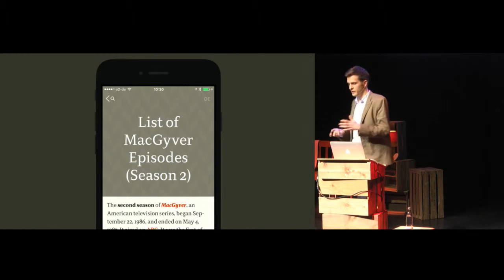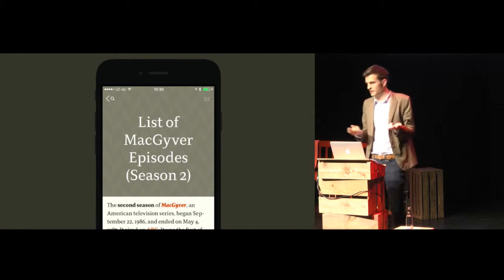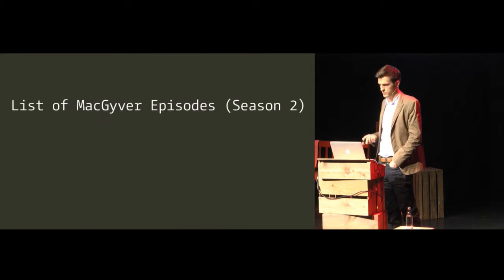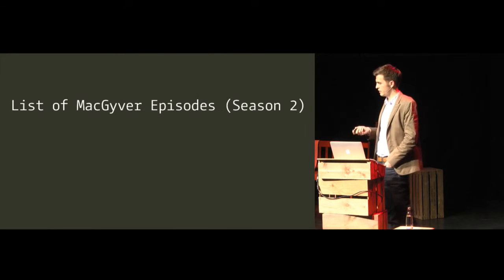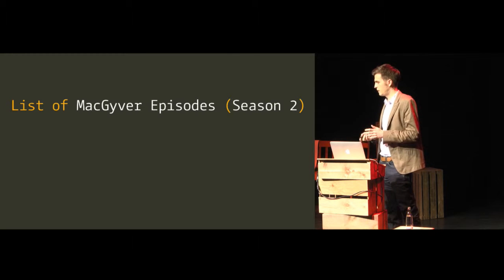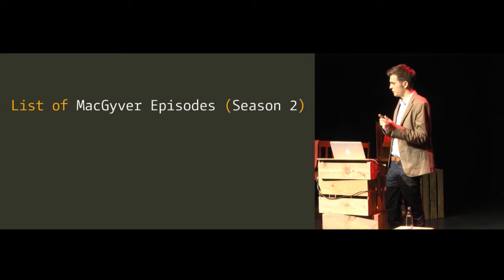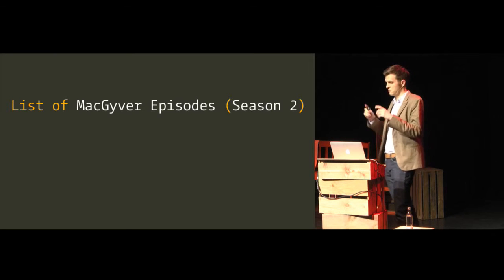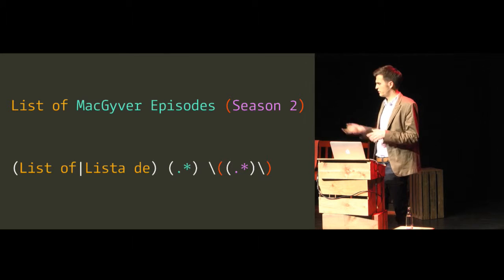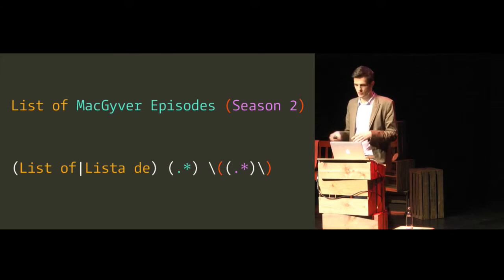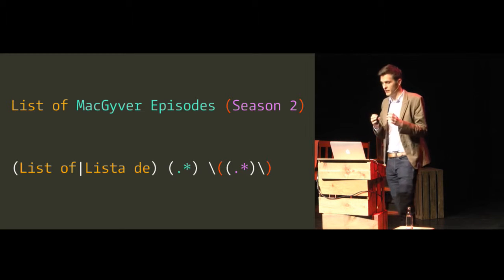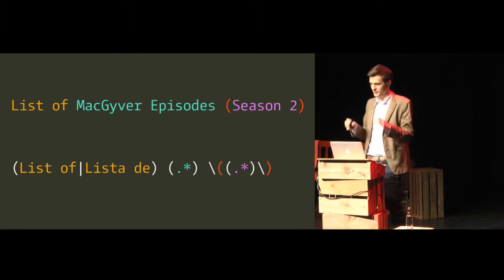Now, what did I do with this title? It's just a little bit too long to look right here. The good news is that lots of Wikipedia articles follow the same scheme. So a lot of articles start with "list of", and a lot have brackets in the end. So I can use a very simple, this is even a simplified version of the one I use that only works for English and Spanish, regex that splits up this title.